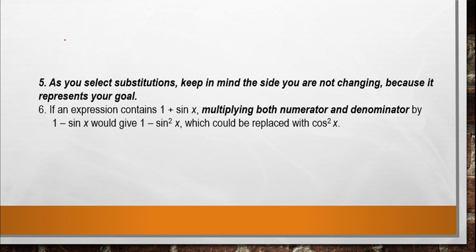So take note, because if we multiply 1 plus sine x in both denominator and numerator, this is still equal to 1, and it would not affect the value when a number is multiplied by 1. Alright, so that's all about the hints for verifying trigonometric identities.